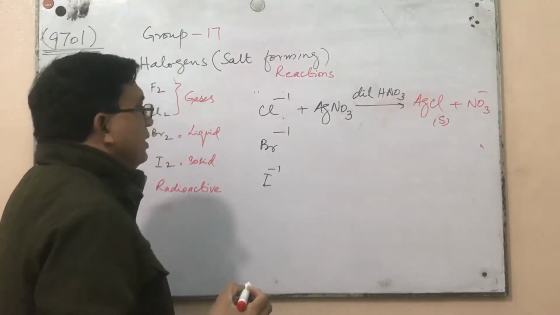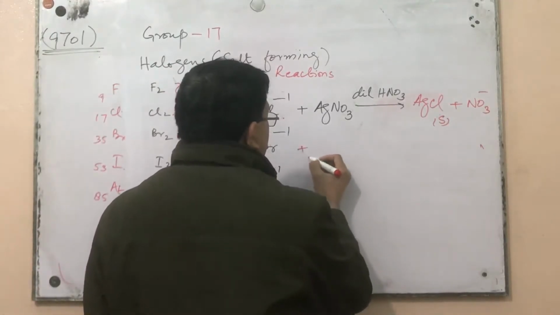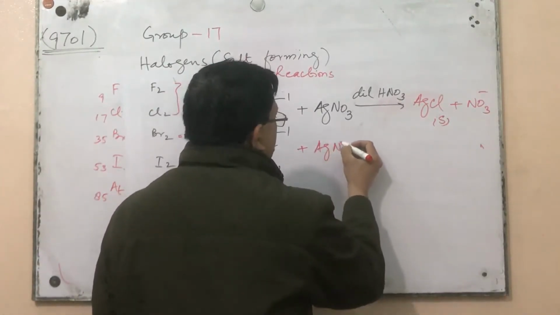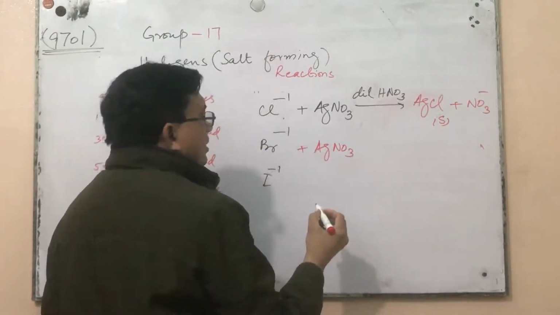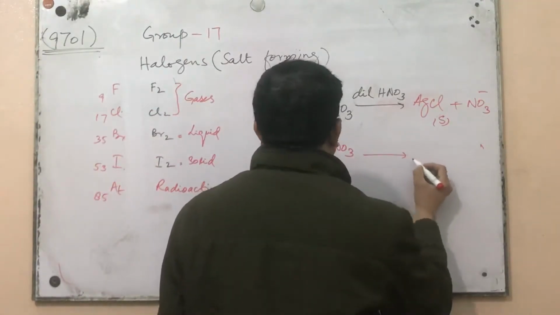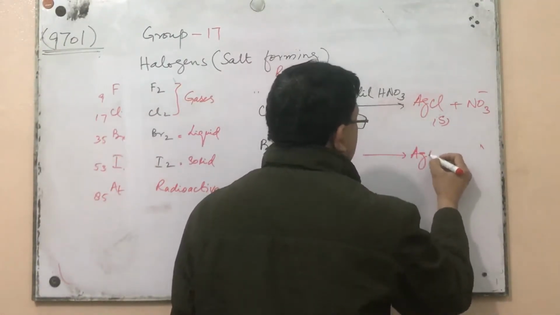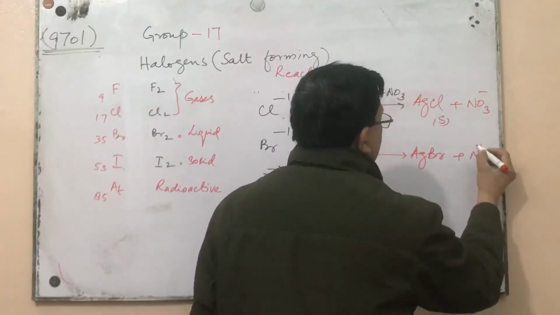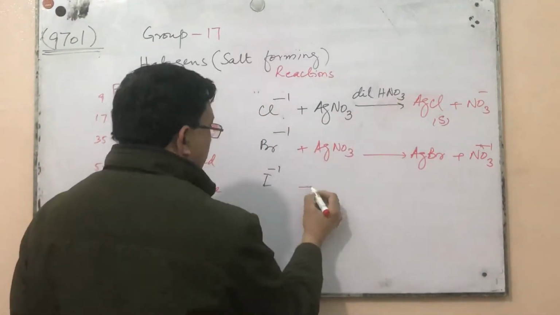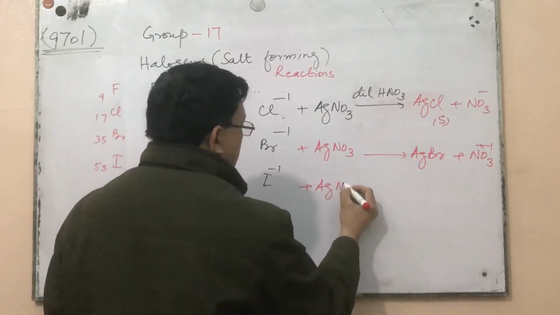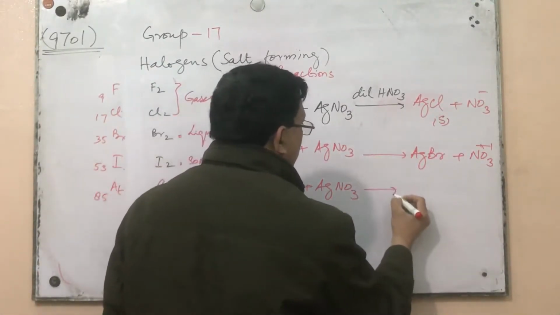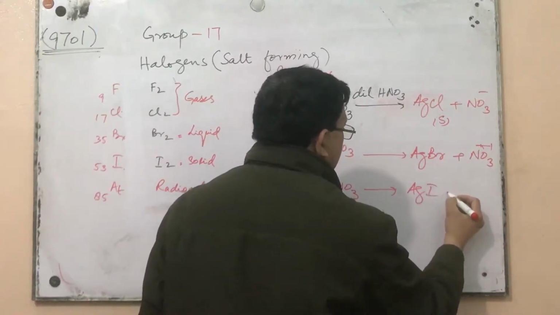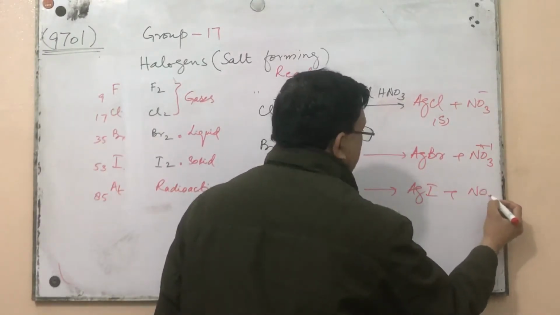If we add AgNO3 into bromide ion, this will produce silver bromide, AgBr, plus nitrate ion. And similarly, if we add AgNO3 into iodide ion, we will get silver iodide plus nitrate ion.